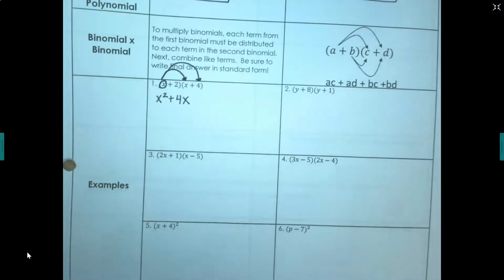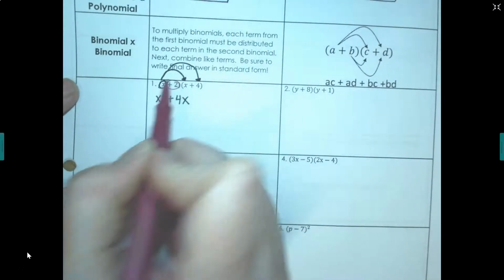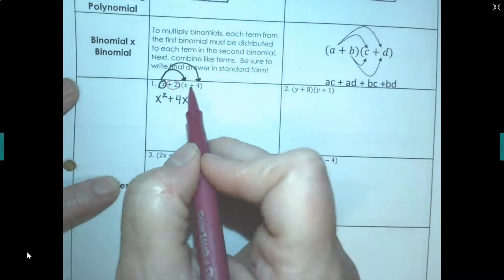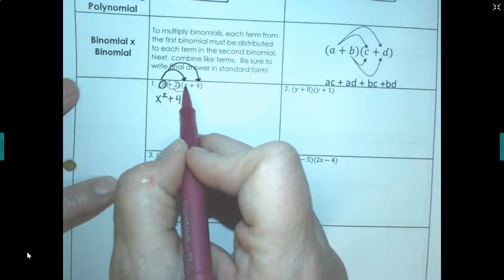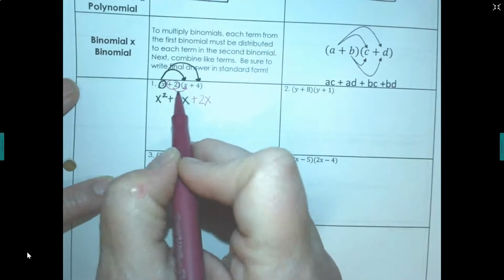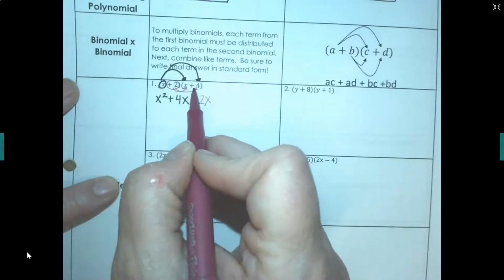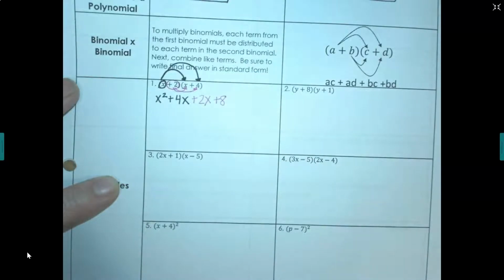So what I need to do is go back and get that second term. So I need to take this positive 2 right here and distribute it also to that parenthesis. So that means I have a 2 times an x, which is a positive 2x. And then I have a 2 times a 4, which is positive 8.